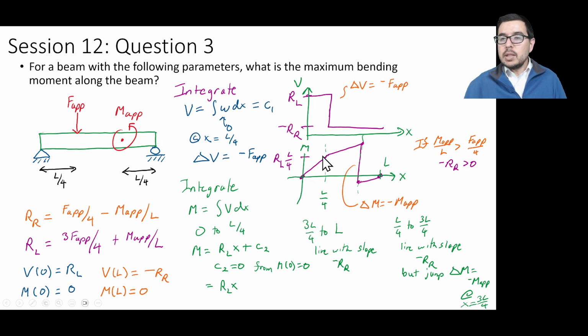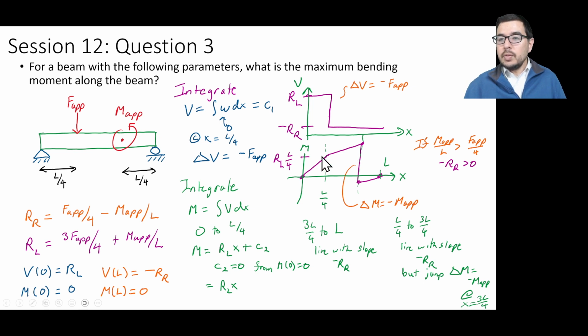Well, this is a line, and this is a line. I know the slope of this line, and I actually know the slope of this line too. I know I go from 0 to L over 4 for this slope, and I go from L over 4 to 3L over 4 with this slope. So what does that mean? That means that I already know this value here, and I know that this is L over 2 from L over 4 to 3L over 4, and I know what the slope is, it's minus RR.